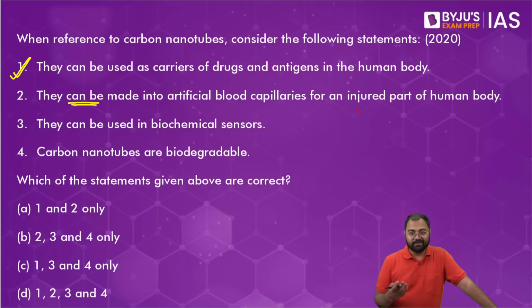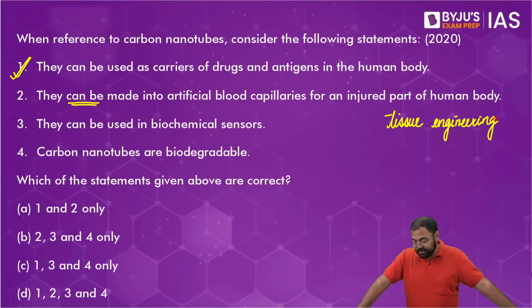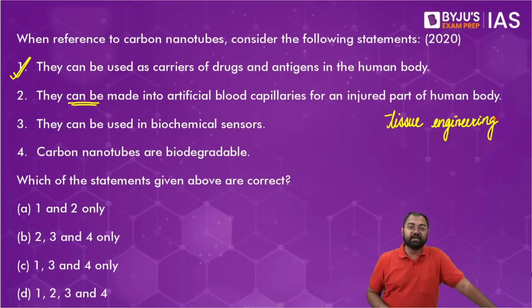We definitely can, right? So there, if you remember, we discussed something called tissue engineering in biotechnology. Yesterday we had discussed something called tissue engineering. In tissue engineering, we use biological material, but at the same time we actually are looking at nanomaterials as well, and nanomaterials can be very, very useful in making artificial body organs and tissues, etc. So there is active research going on right now.